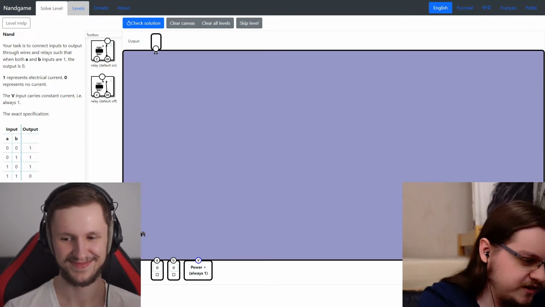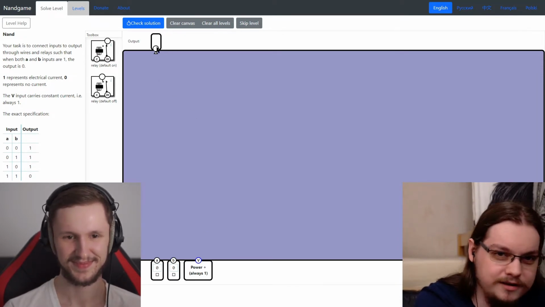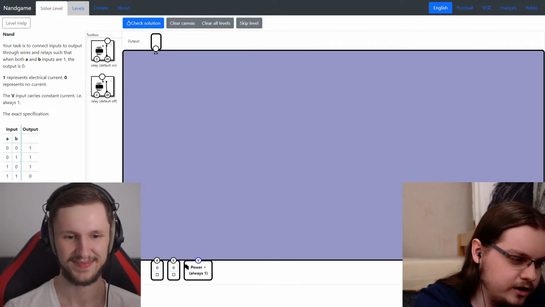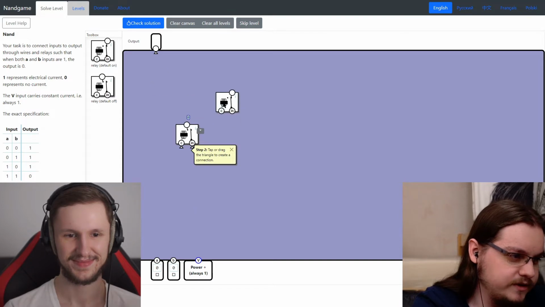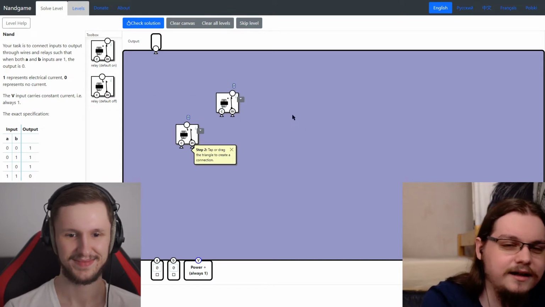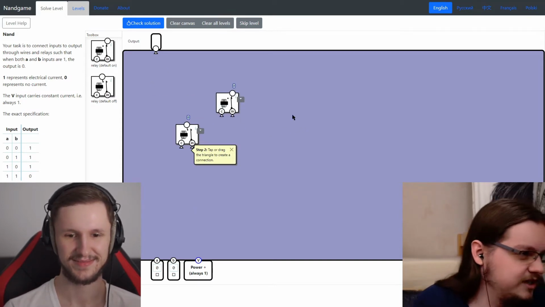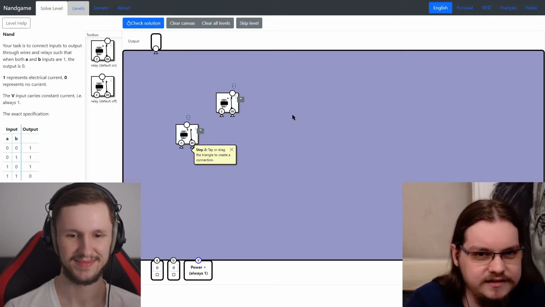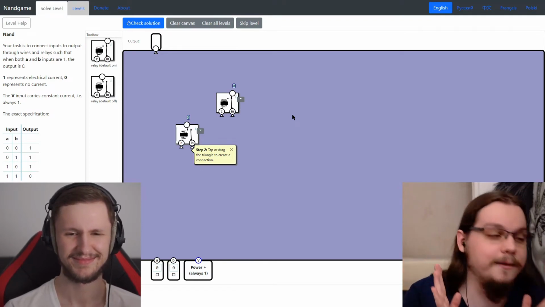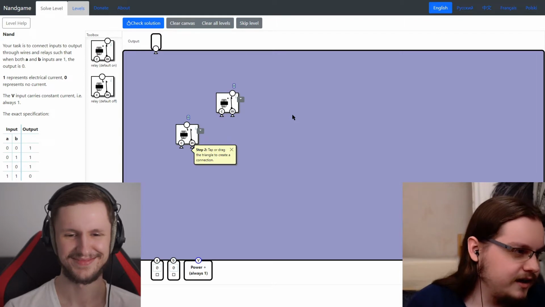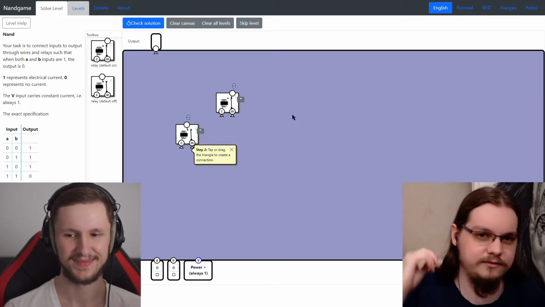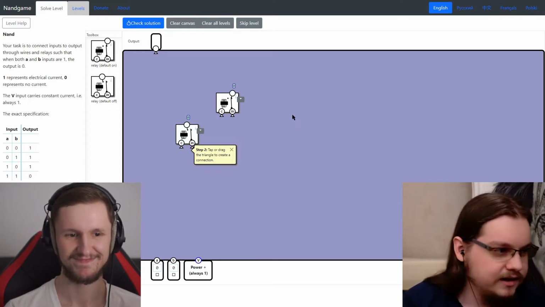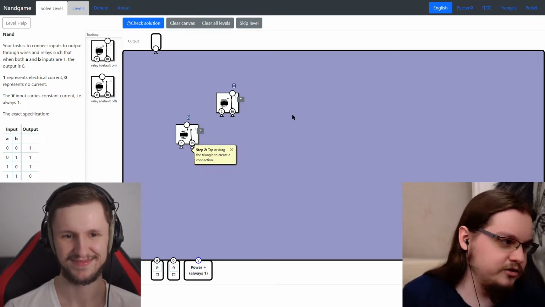We have our inputs at the bottom, and our output at the top, and we have to make sure that our inputs produce the correct outputs by adding gates, or in this case, relays. These relays are kind of like gates, they're technically gates. It doesn't matter. Every gate has a certain function: based on its input, it gives a certain output, and we are supposed to make the certain output happen by wiring them up.